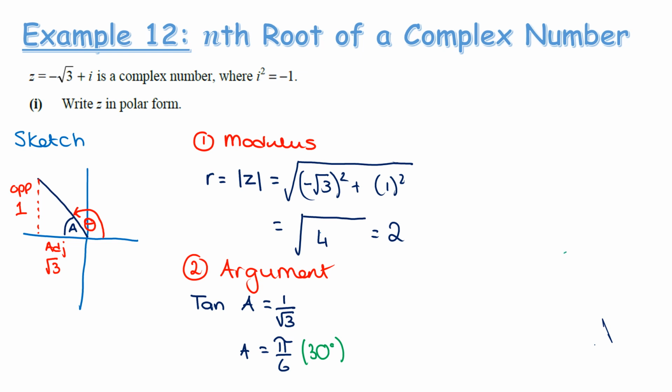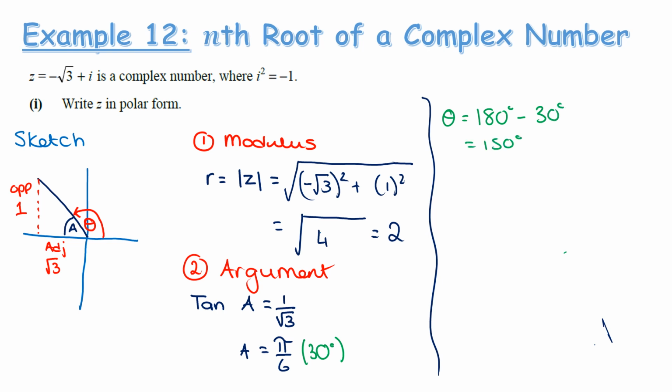So that is my reference angle, but we're actually looking for the argument. If it's easier, you can look at the argument in degrees. So it would be 180 degrees minus the 30 degrees, which would end up giving us 150 degrees.